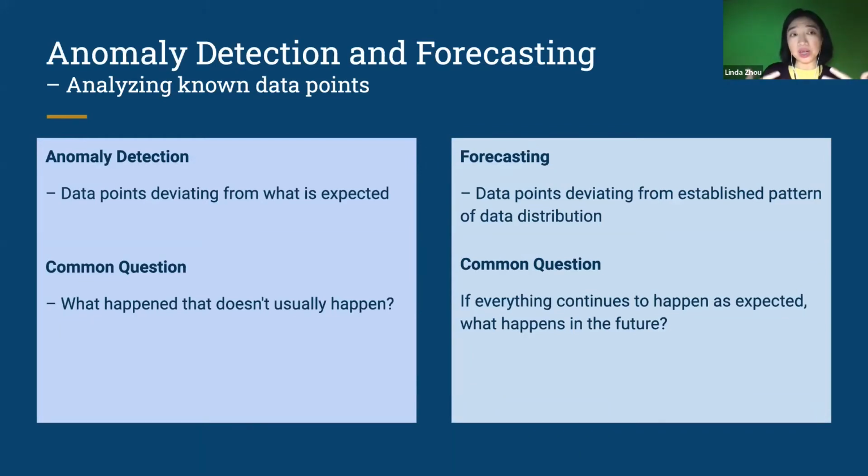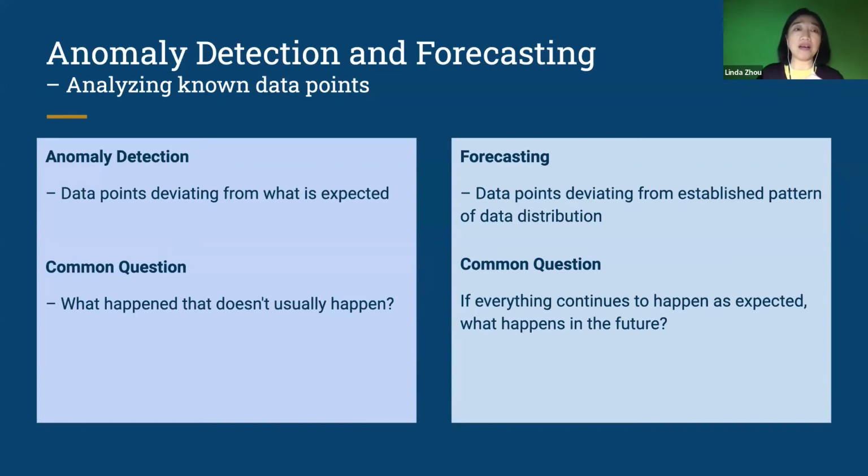To approach how you detect anomalies, there are two different approaches. One is just called anomaly detection, though the name is not very clear. The other one is forecasting. Anomaly detection means the data point is different, deviating from what you're expecting.